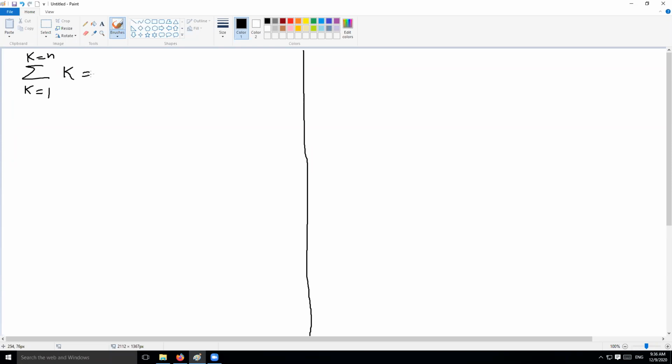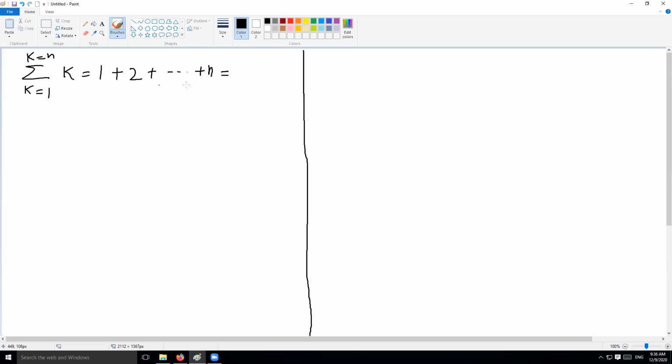What will be this sum? क्या होगा ये sum? Anyone? N times n plus 1 over 2. So you're going to say that, okay, substitute k equal to 1, so you get 1 plus, then substitute k equal to 2, so you get 2 plus, and so on and so forth, up to n terms. N terms actually. ठीक है?